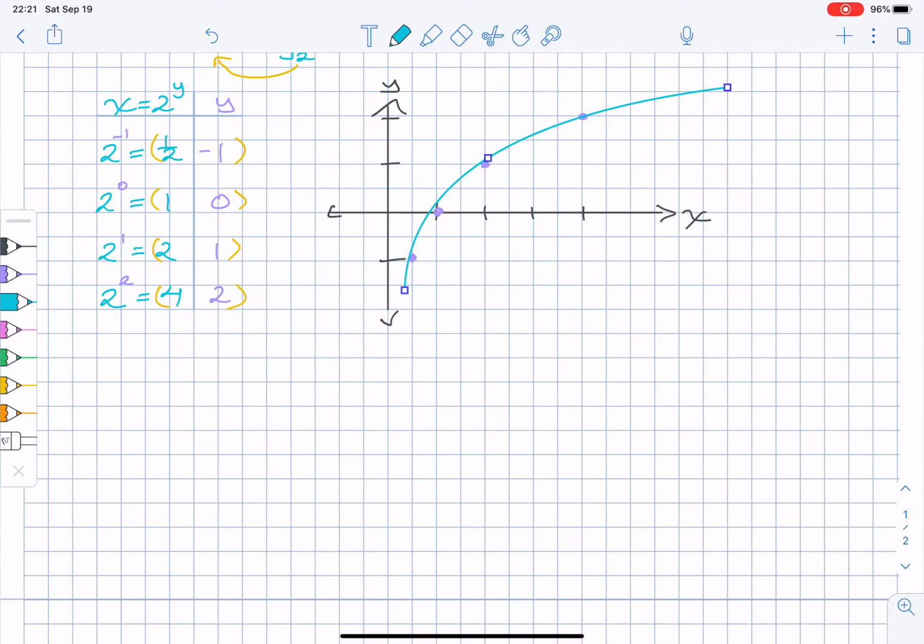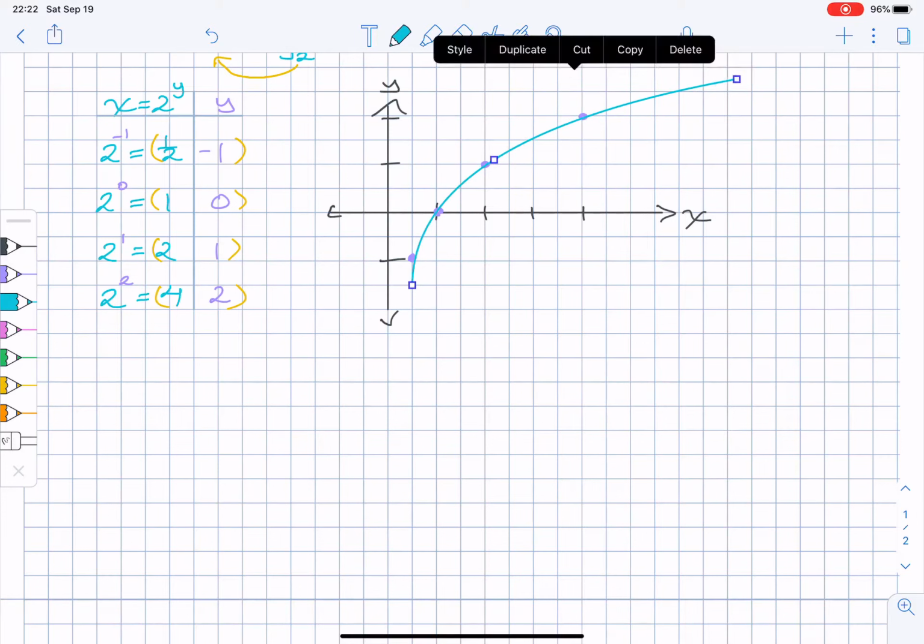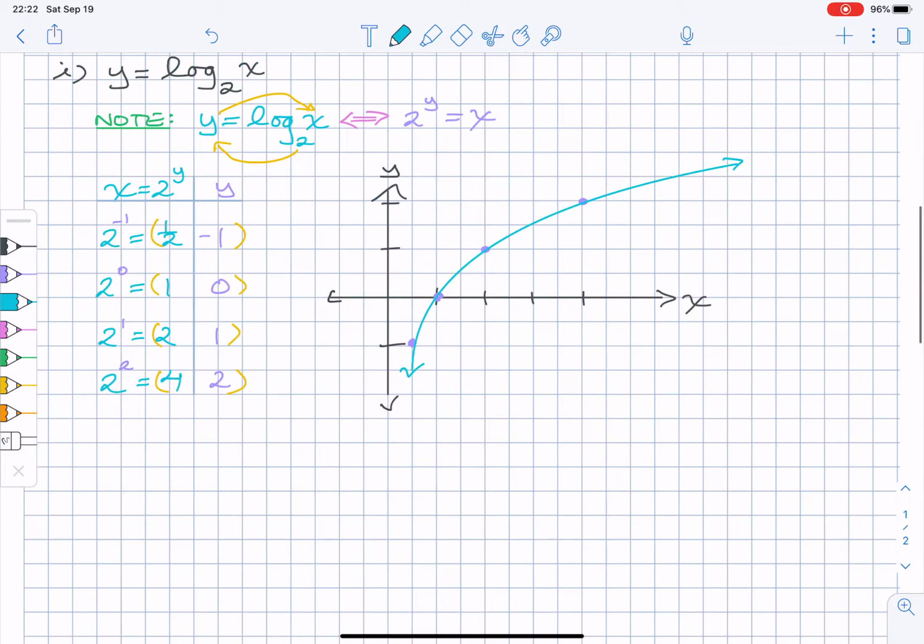I think these are parabolic curves that they have preloaded, but hopefully we get the idea. Good enough for government work. So this is an estimate of the graph of log base 2 of x.